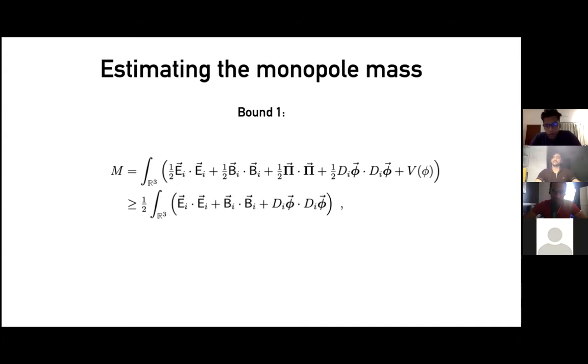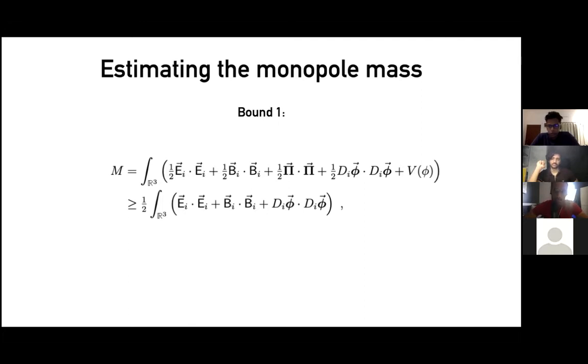So first, let's take the expression for the Hamiltonian, and recall that really the energy or the mass is given by the integral of the Hamiltonian density. And see that it's basically p squared plus V in both the gauge field and scalar sector. The momentum in the gauge field sector is the electric field. In the scalar sector, it's the time covariant derivative of the scalar.